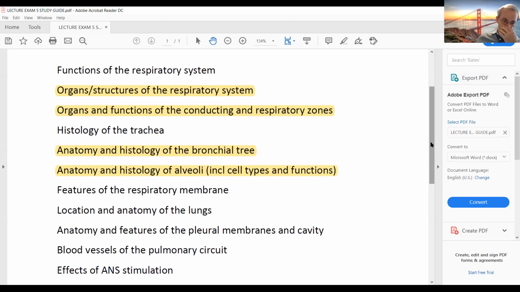With the respiratory membrane, remember that the components are the capillary endothelium, or the tunica intima, the basal lamina, of course, and then that very thin, simple squamous type 1 alveolar cell. If someone has a lung condition, whether you're looking at emphysema or even pulmonary fibrosis, that respiratory membrane is disrupted and it can become scarred and thickened, which makes it harder to breathe.